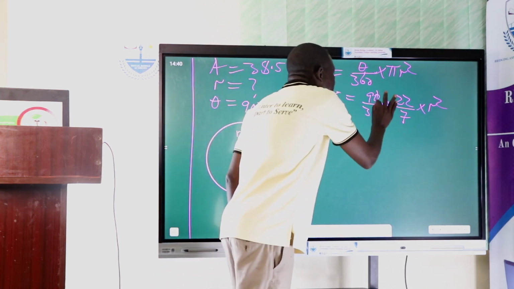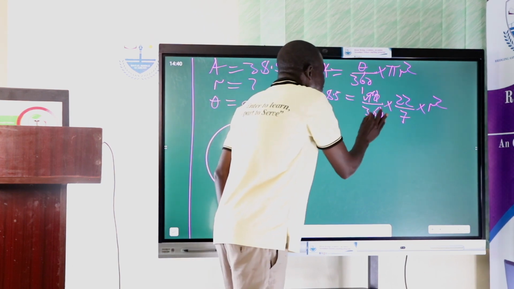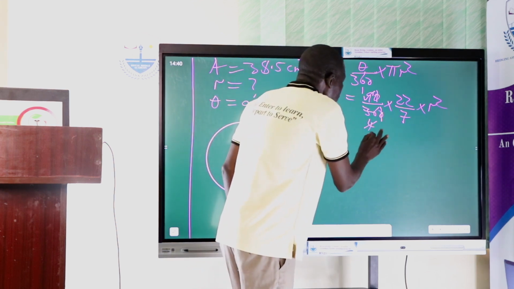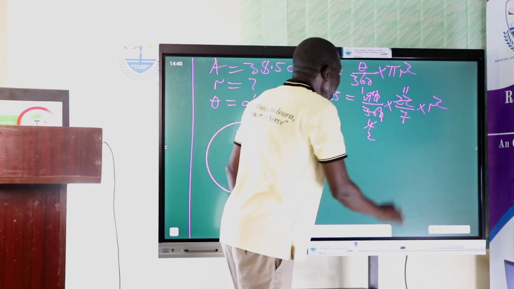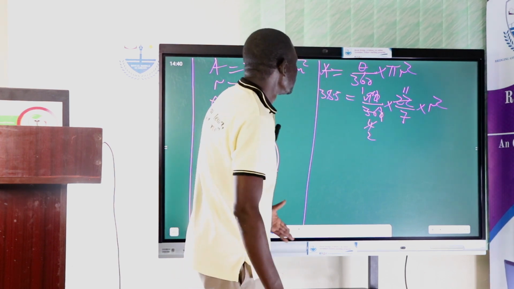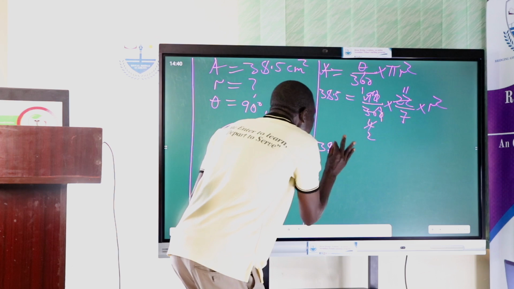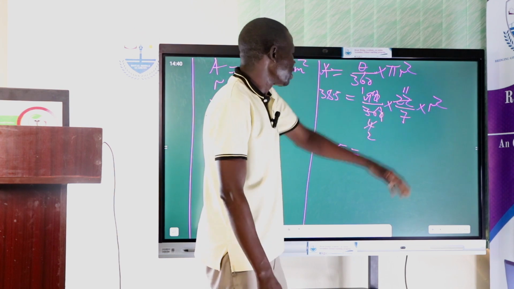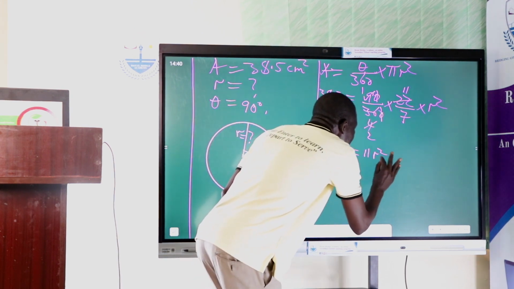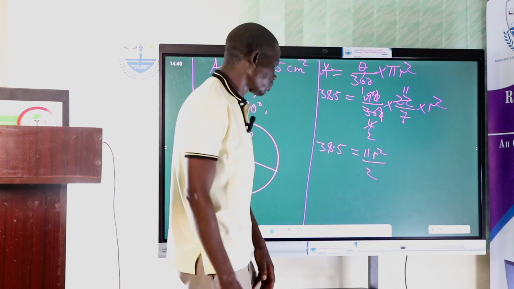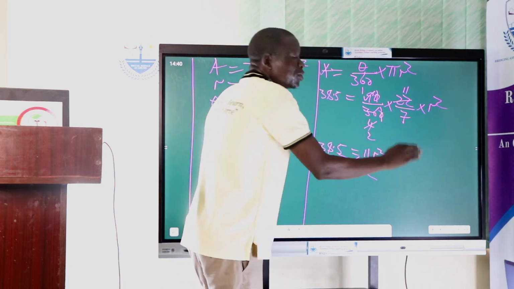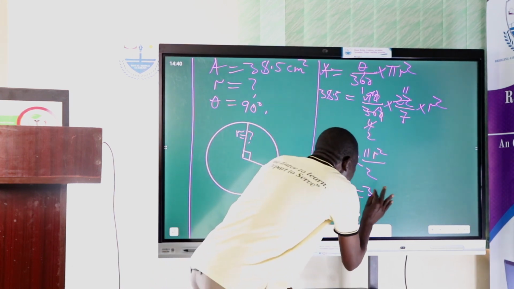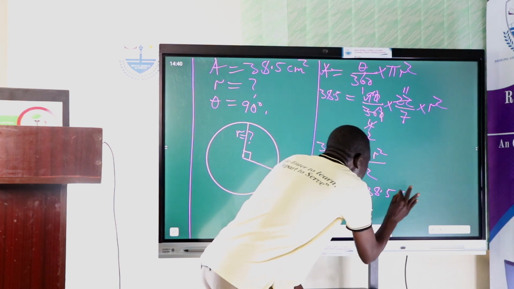Automatically, this 0 will cancel with this. 9 ones are 9, 36 by 9 is 4. 22 by 2 is 11. So we shall find that 38.5 is now equal to 1 times 11 times r squared over 4 times 2. When we cross multiply, we shall get 11 r squared is equal to 38.5 times 2.